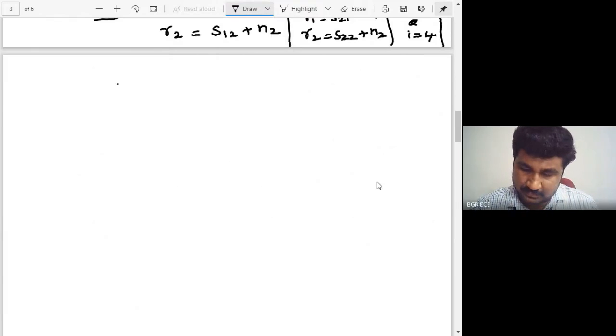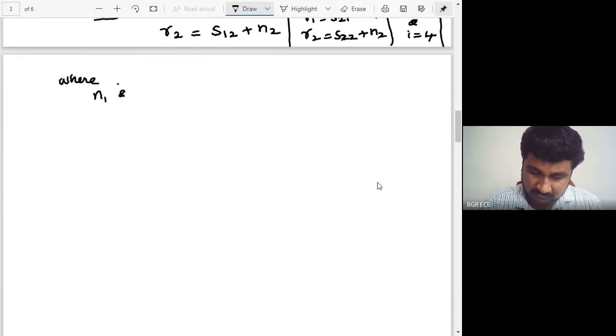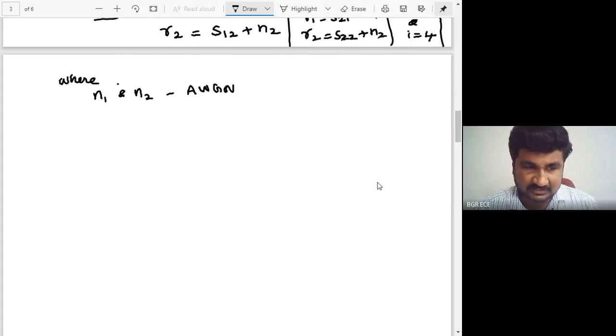And in these two equations, R1 and R2 are additive white Gaussian noise variables with zero mean.